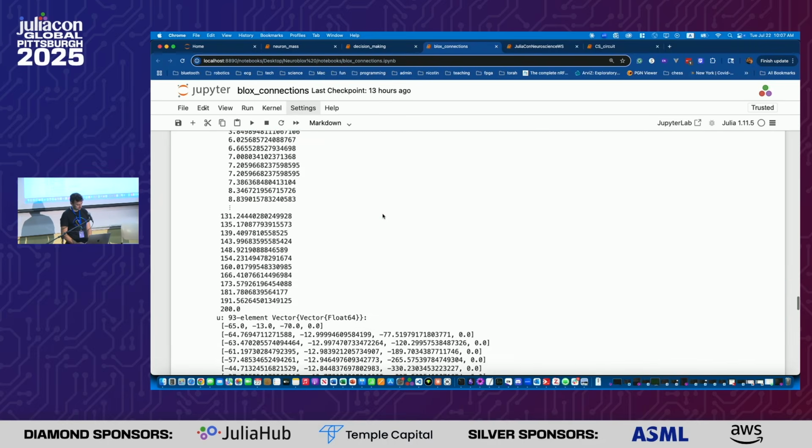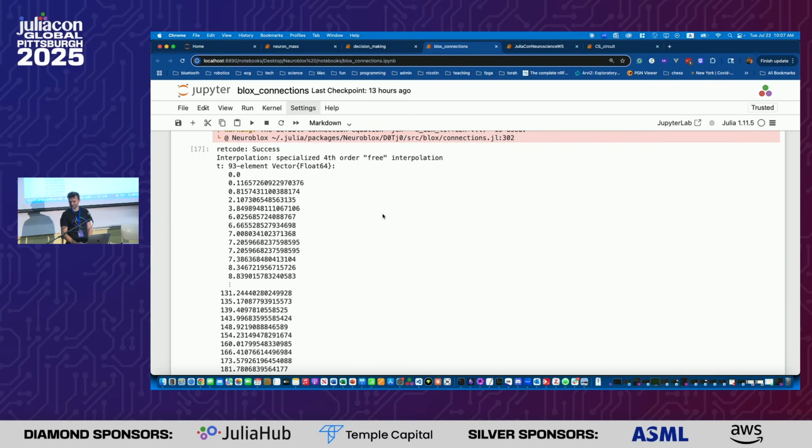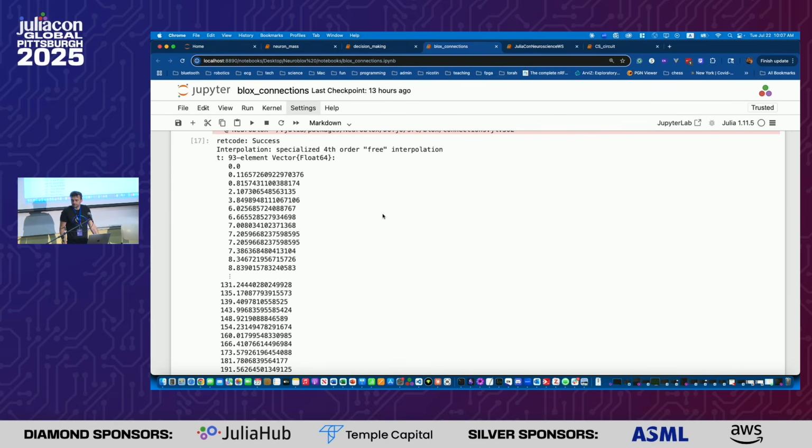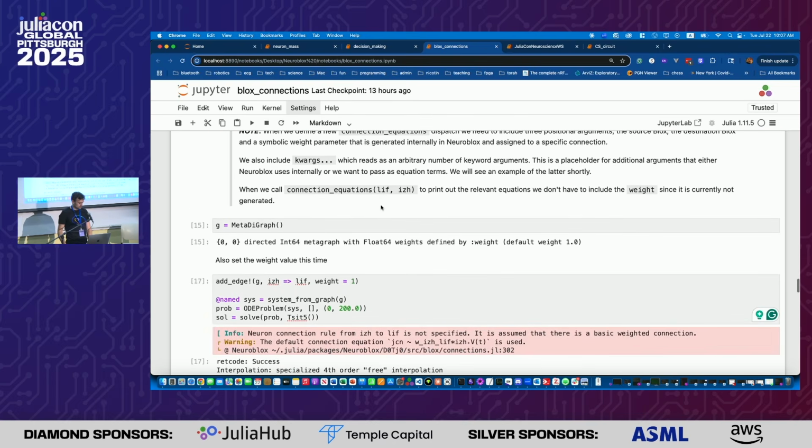Success, it solved it. Say like, or you have an edge, it automatically put the blocks on the. Yeah. So yeah, we've done some violence to the MetaGraphs package. Normally you're supposed to, I think, add nodes and edges manually, and they're just integers.